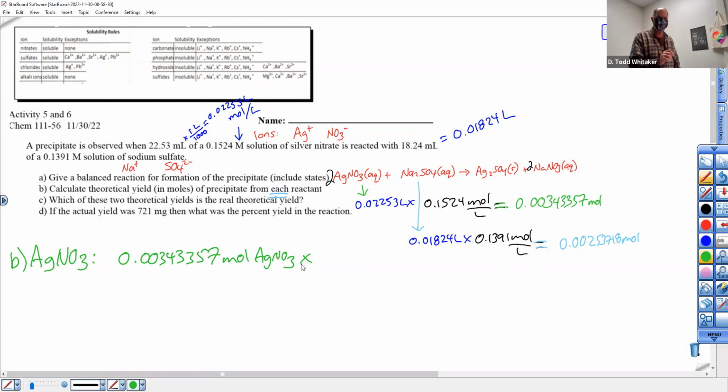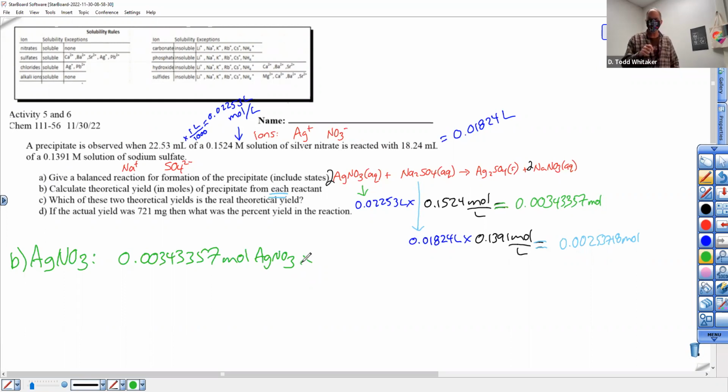What other substance do I care about in this question? No, the other substance I care about in this question is indicated in part B. What is the other substance in part B that I am asking about?